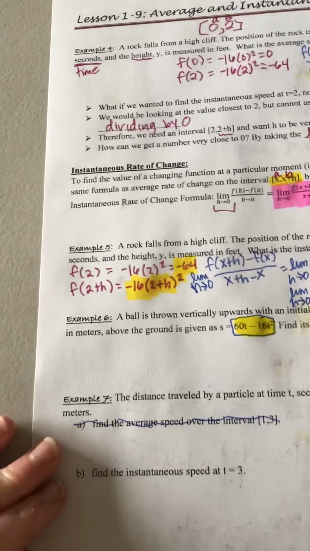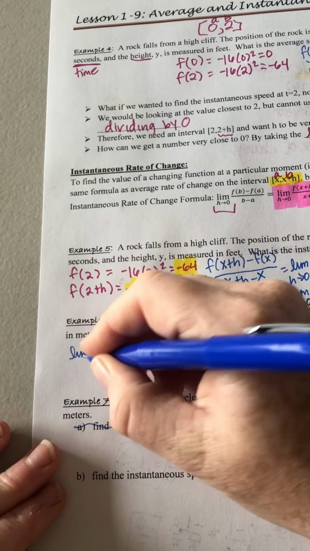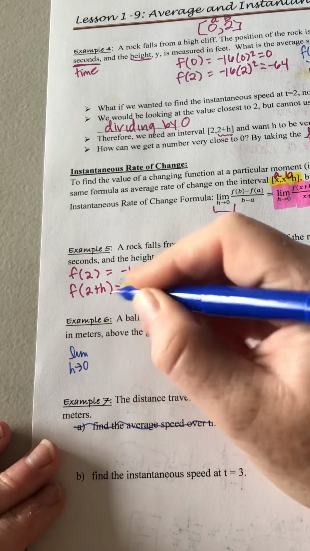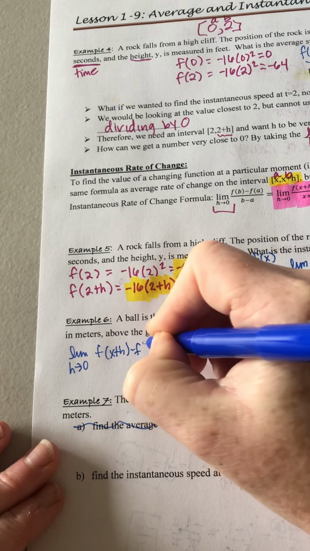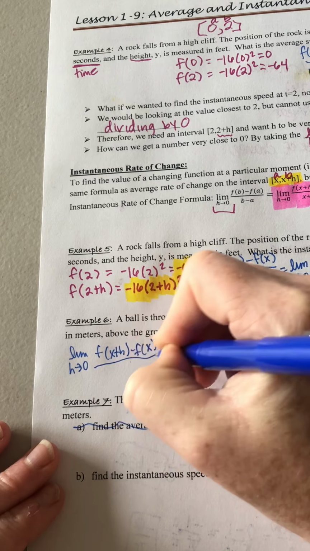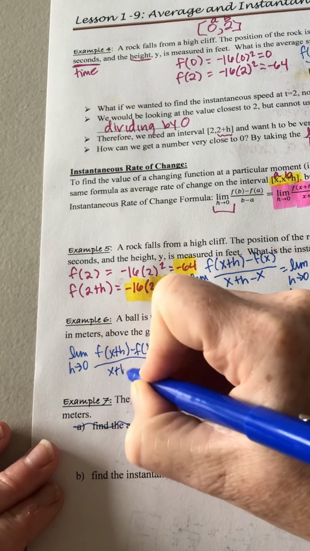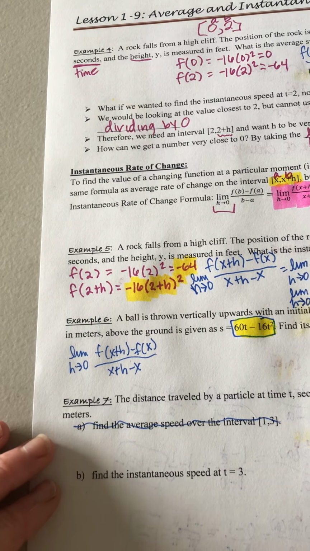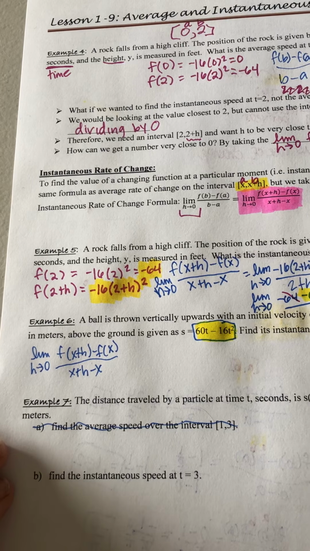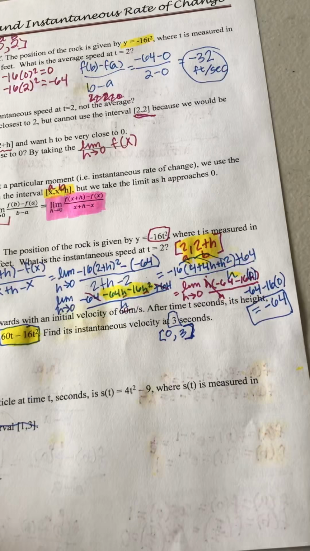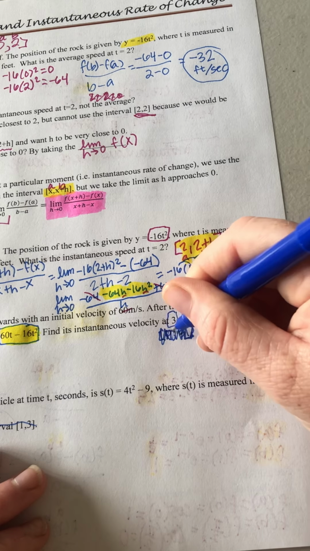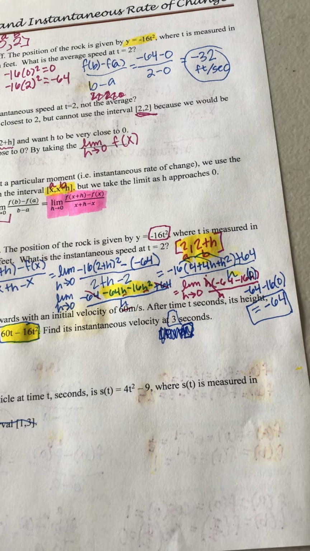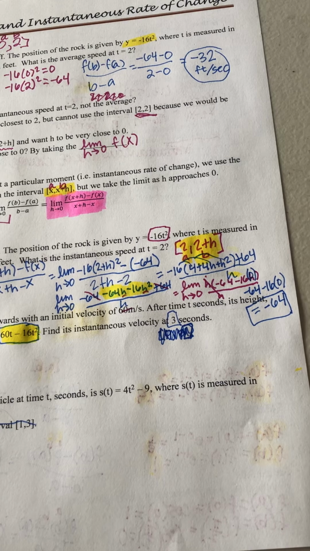So let's write the limit as h approaches 0 of f of x plus h minus f of x, all over x plus h minus x. And again, you can just write h there. But excuse me, we don't need this because we're just finding at 3 seconds. I would need that interval for the average.